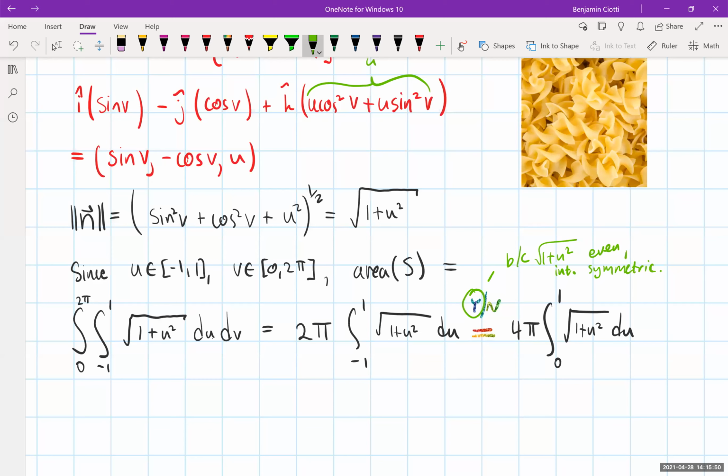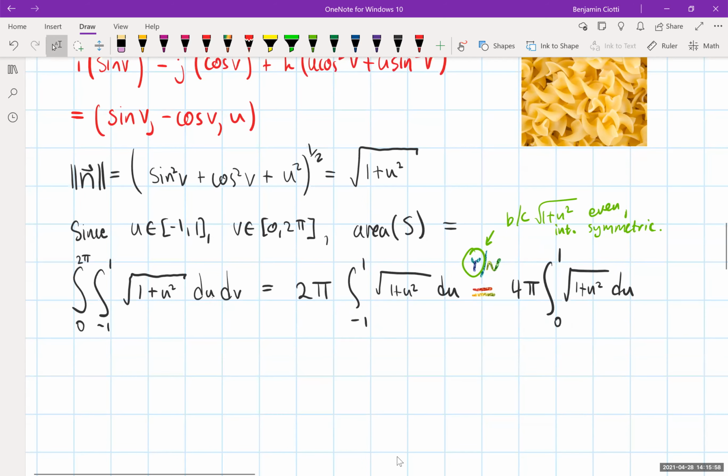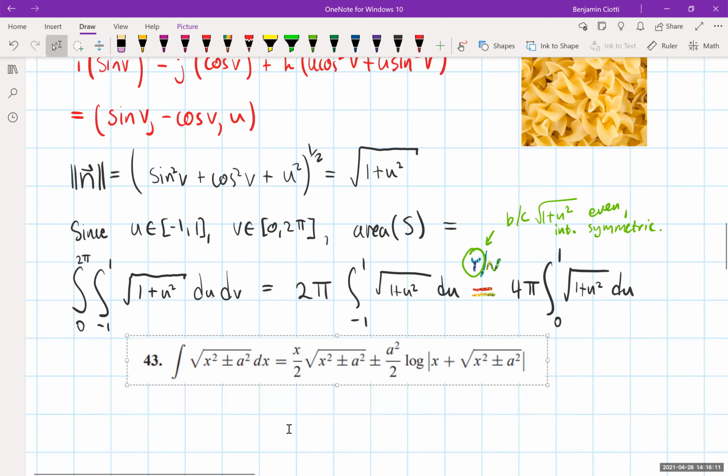Okay, so this integral is kind of hard, so I'm just going to use a table to compute it. Let me show you the formula, which can be found in the back of your textbook where it has a table of integrals. This is the entry that you'll find on the table of integrals in your textbook.